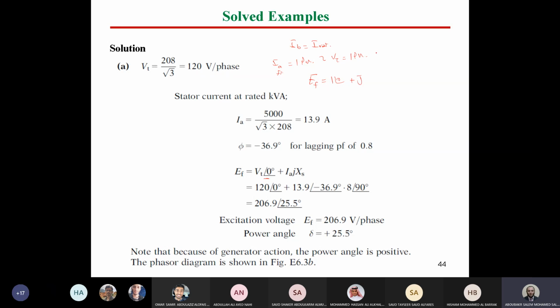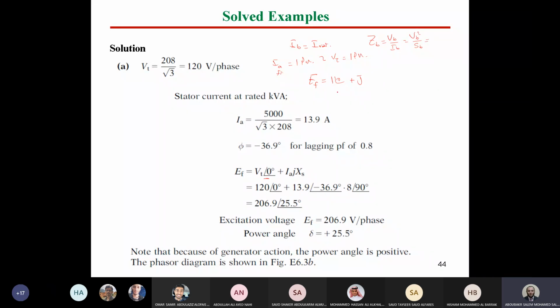We need to get XS, so we need to get Z base firstly. You know Z base equals V base over I base, and I base equals S base over V base, so it's now V base squared over S base.